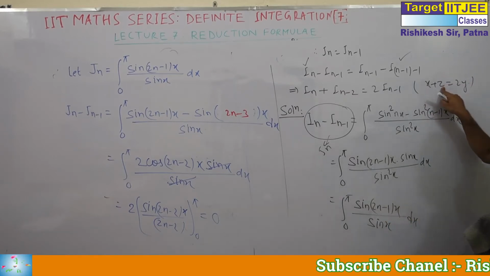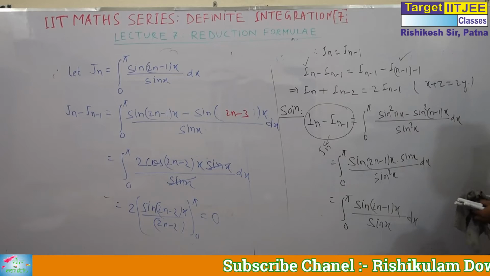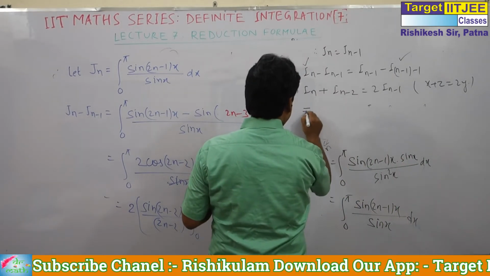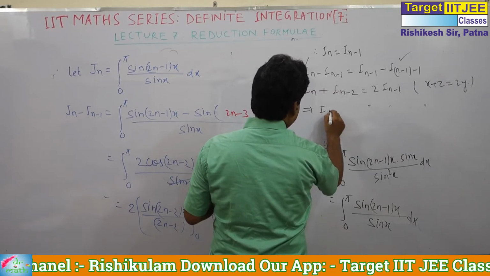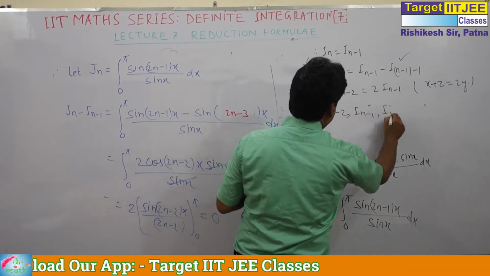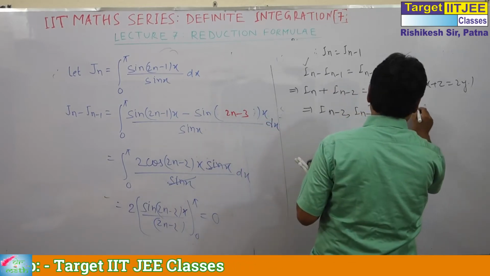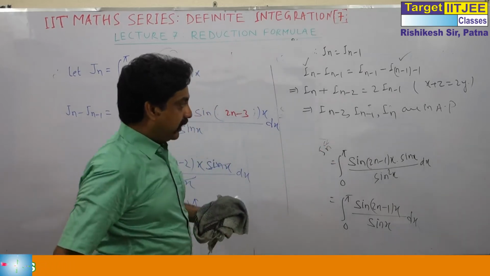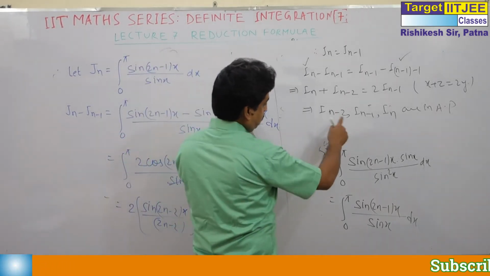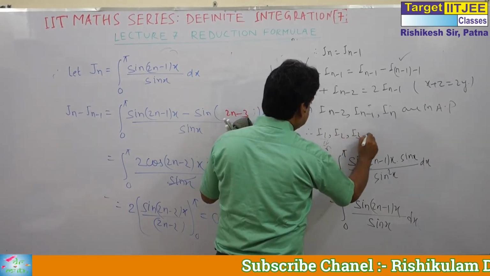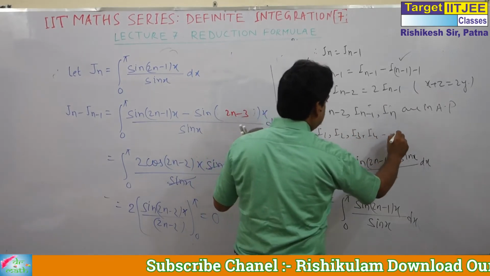X plus z is equal to 2y implies that I_(n-2), I_(n-1), I_n are in AP. So putting different values, we get I1, I2, I3, I4 are in AP.